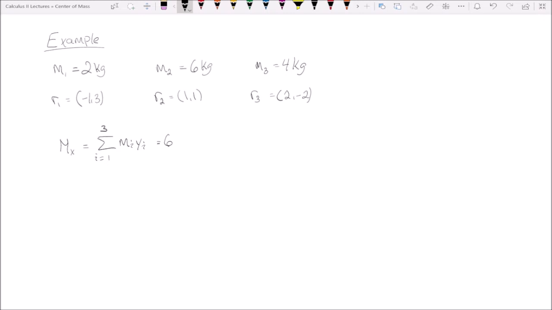I'm going to assume meters. Plus 6 kilogram meter plus negative 8 kilogram meter. So the x moment is 4 kilogram meters.